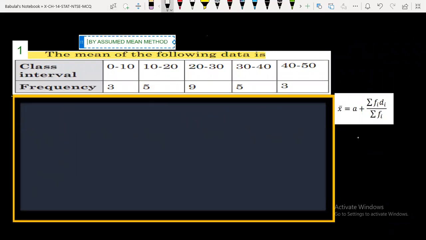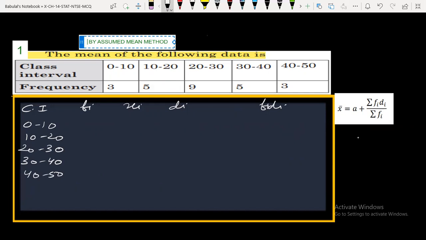So we write the class interval as it is, then the frequency as it is, then the class mark, then di, then fi into di. Students, see, it is the same question, but here we will change the assumed mean and check whether our answer comes out the same. So 0 to 10, 10 to 20, 20 to 30, 30 to 40, and 40 to 50.